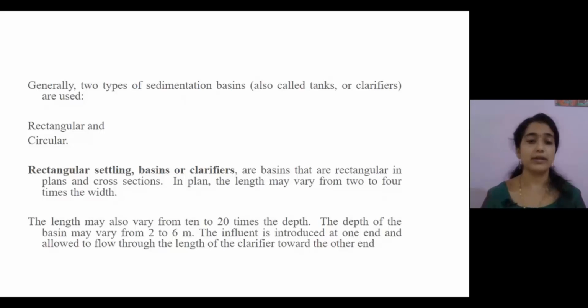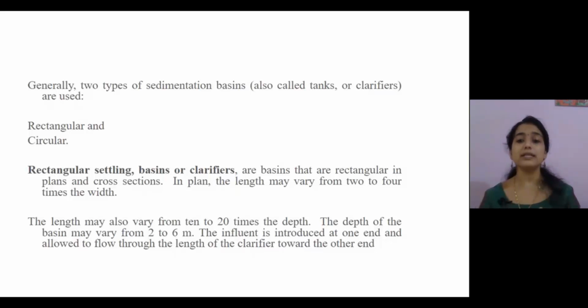We have already seen what a rectangular settling basin and a circular settling basin are. The length may be up to 20 times the depth in the case of rectangular settling tanks. The depth of the basin may vary from 2 to 6 meters.